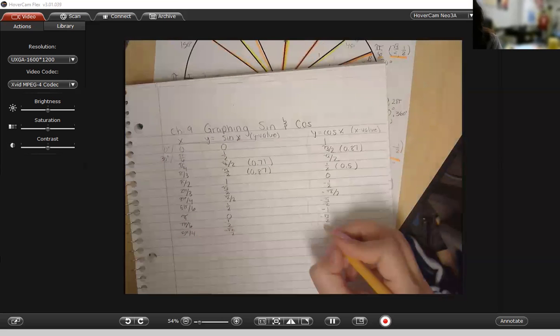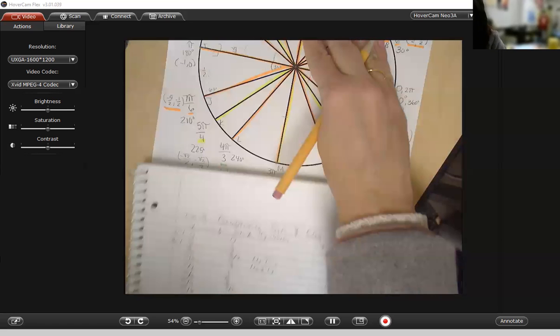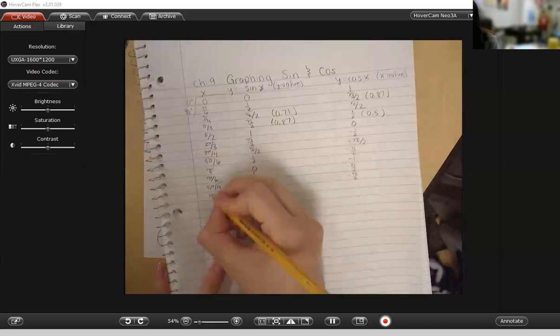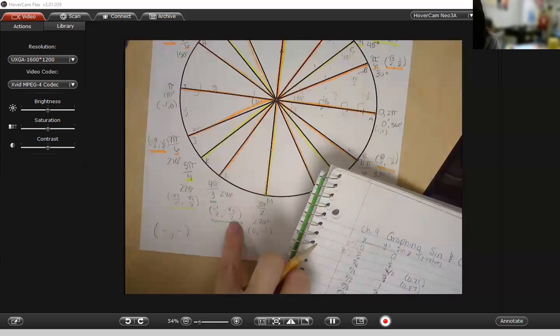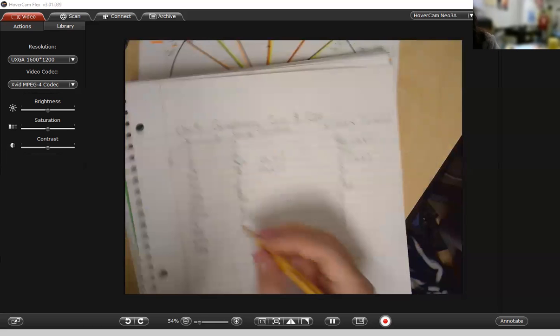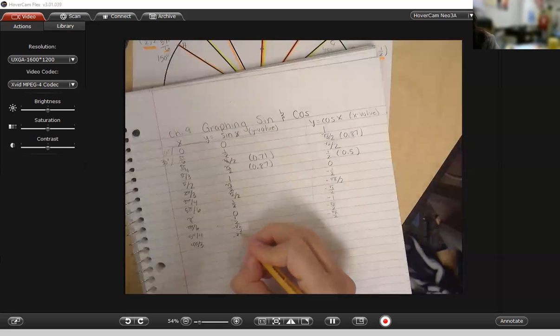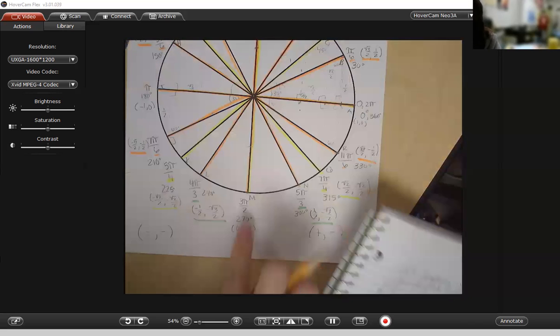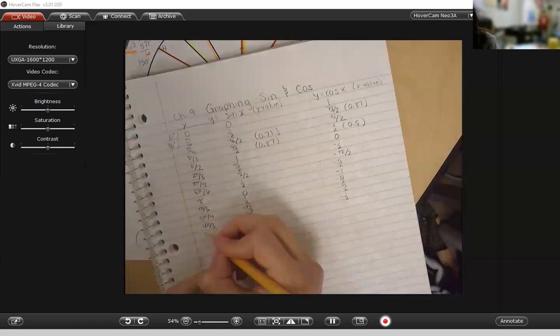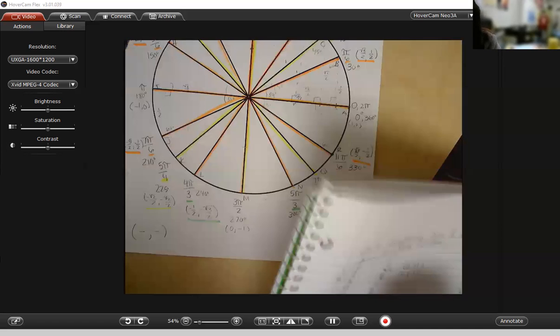My cosine is also negative rad 2 over 2. Then I have 4 pi over 3. And my sine is going to be negative rad 3 over 2. And my cosine is negative 1/2. Then I got to 3 pi over 2. And my sine is negative 1. And my cosine is 0.